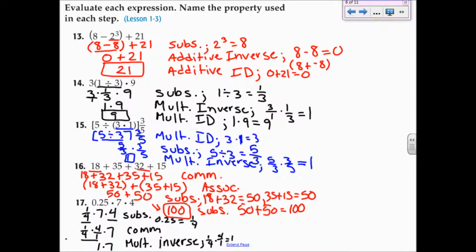And then my last step, over here I have 1 times 7, which is 7. And that's because of the multiplicative identity property. Anything times 1 is itself.